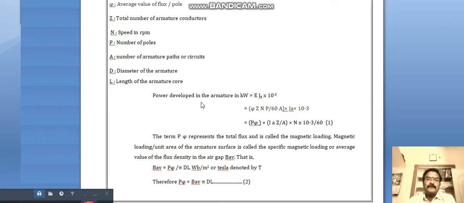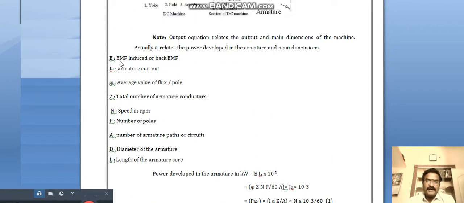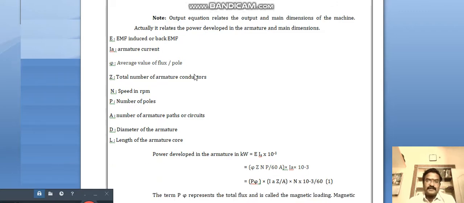Power developed in the armature P, we know, is VI. It's a DC, so VI only. Instead of V, we are substituting E here. E is nothing but back EMF or EMF induced in the circuit.